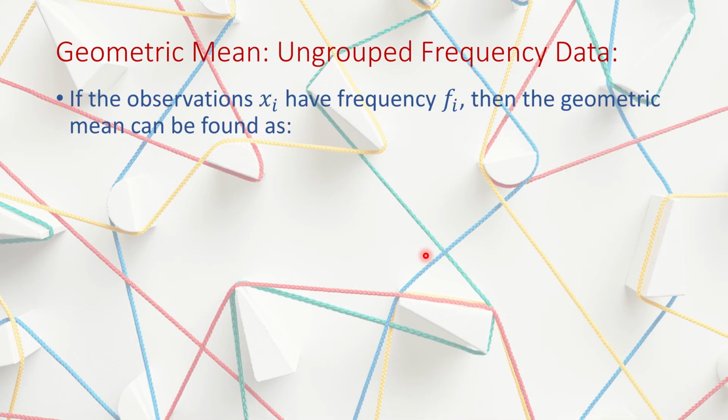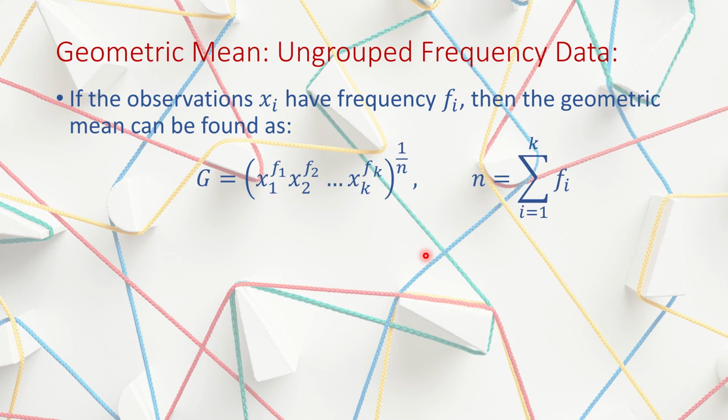So the same thing can be done, as I explained, for certain observations xi with frequencies fi. The geometric mean is basically defined as x1 power f1, x2 power f2 up to xk power fk, and then whole power 1 over n. Keeping in mind in this case n would be simply the sum of the frequencies. But again, if the data x1, x2 up to xk are numerically very high, or the frequencies are very big, obviously it would give you some issue.